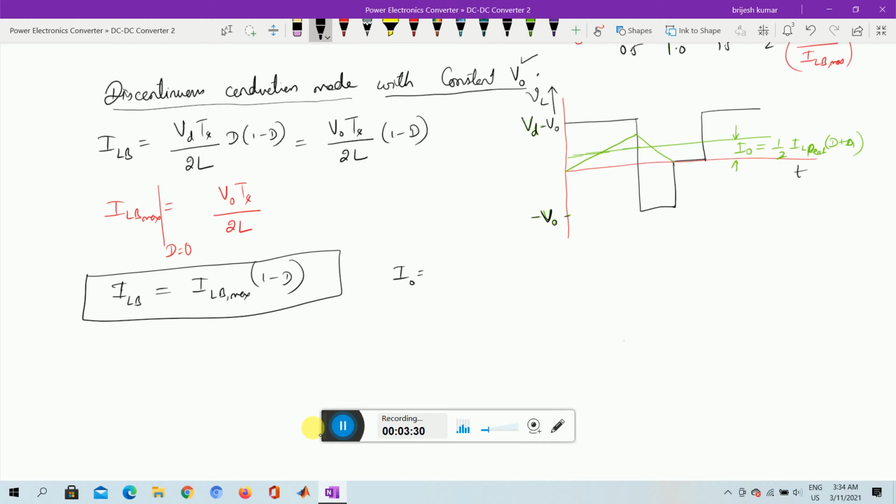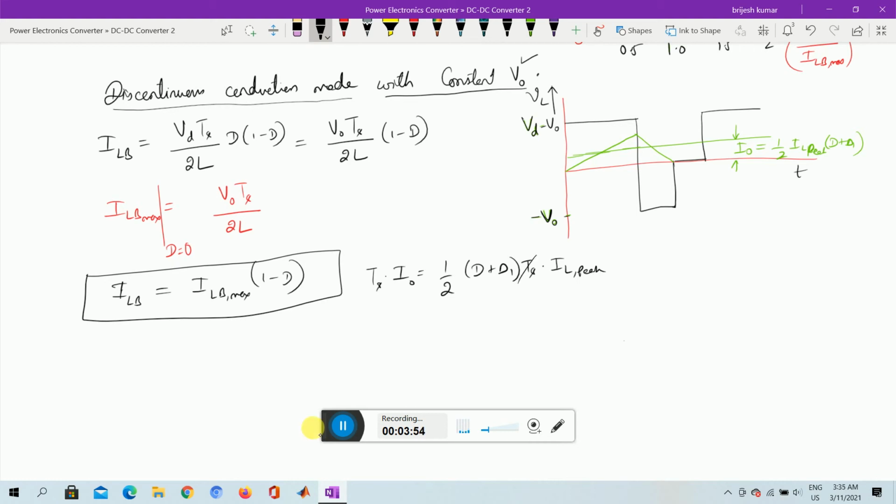I0 into TS will be the same as half the base, which is (D plus del 1) TS, into the height, which is del I, or you can say IL peak.